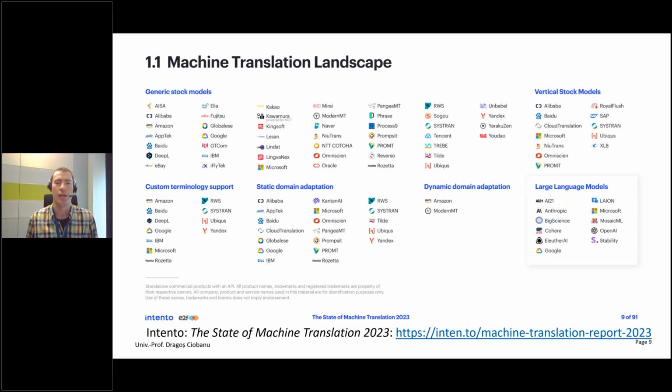And if you have a look at one of the reports produced by Intento, who produce yearly reports called the state of machine translation, you will see a lot of name dropping, and it's useful to get an overview of who is building and offering generic models of machine translation, who is working on more domain-specific vertical ones, who supports custom terminology, whose models can be adapted once and then left and then perhaps adapted again, whose models can be adapted on the fly, and also which large language models are around that also have machine translation capabilities.